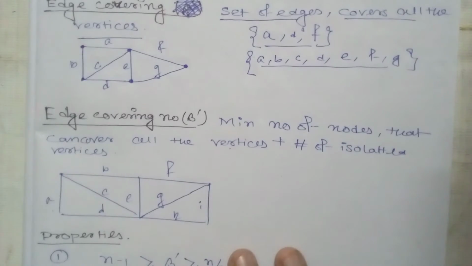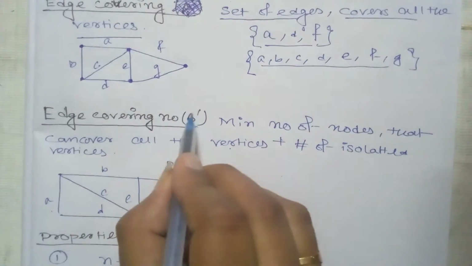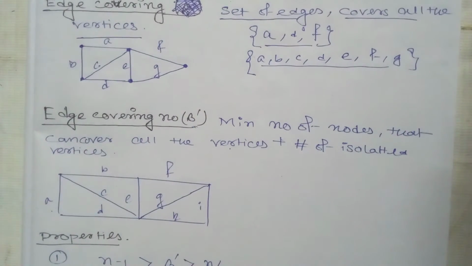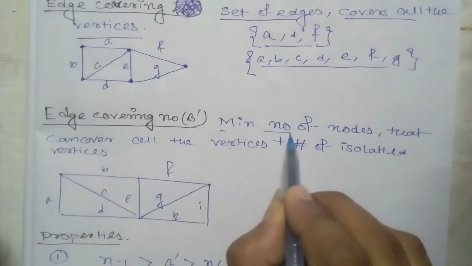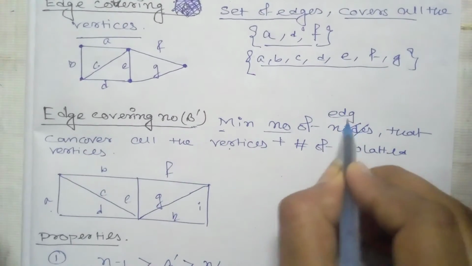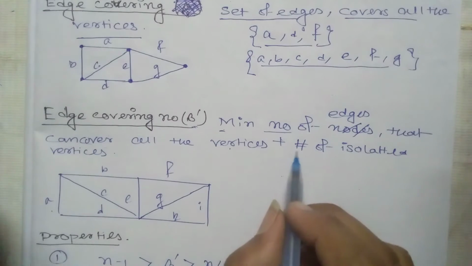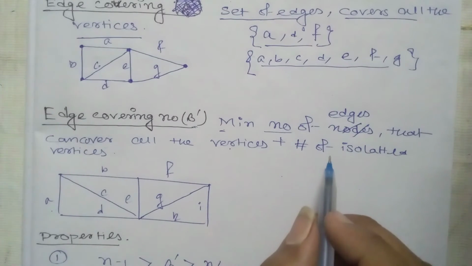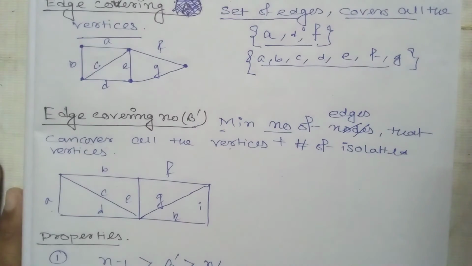Next, the important term comes, that is edge covering number, denoted with the symbol beta dash. It says the minimum number of edges that can cover all the vertices, plus if any isolated vertex exists, the number of those is added, and we finally get the edge covering number, beta dash.